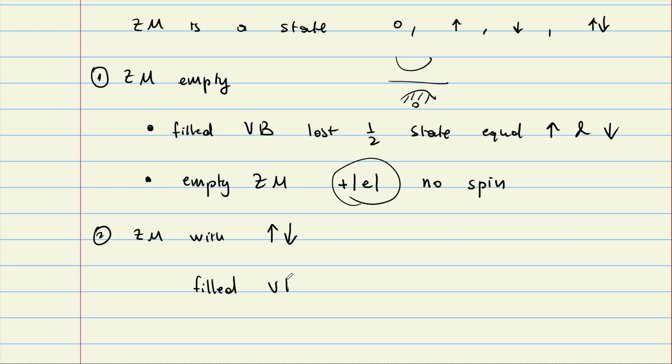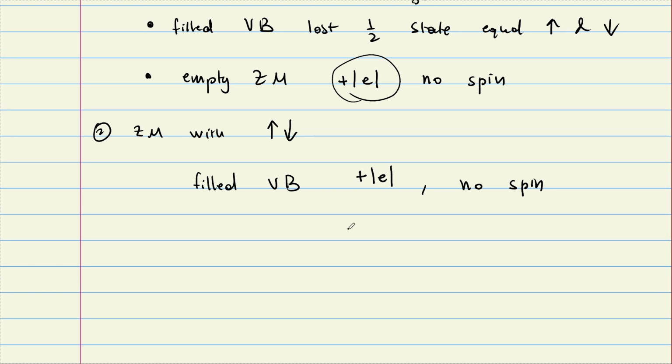The filled valence band is going to have plus e charge and no spin, and the zero mode is going to have minus 2e because it has 2 electrons, and because it's up and down, no spin. So here we have plus e, minus 2e, which is going to be minus e, right? So an empty zero mode is a positive charge, a fully occupied zero mode is a negative charge.